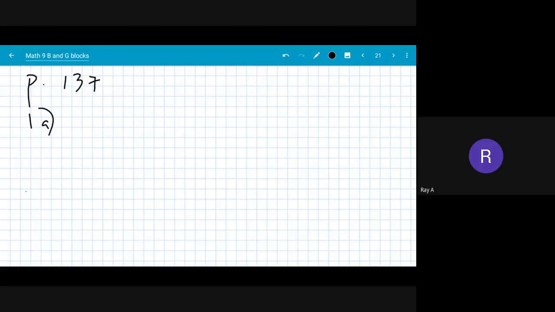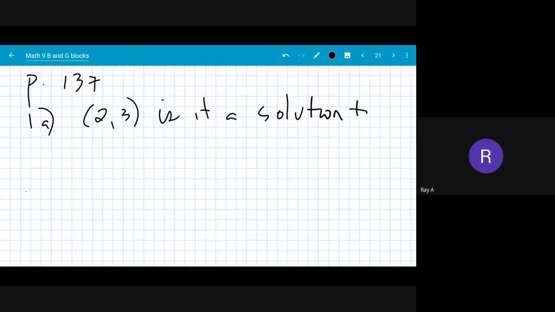You are given an ordered pair, (2, 3). Is it a solution to 3x minus 5y equals negative 9? So how do you figure out if an ordered pair is a solution to an equation?